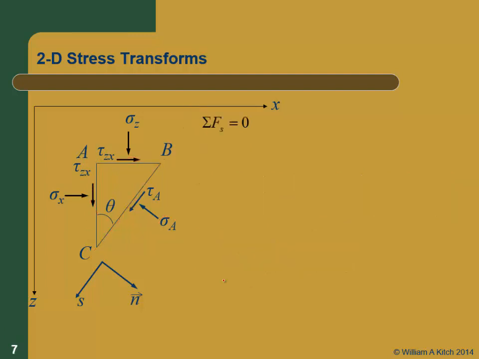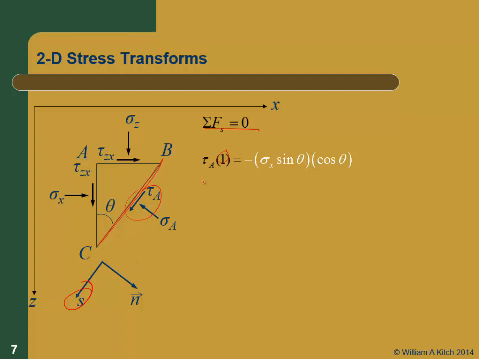So now we're going to do summation of forces in the S direction, that's this direction, is equal to 0. Okay, so I've got tau A, right? This stress times 1, that's the length of BC again. Notice that I've defined my axis system here with S down.